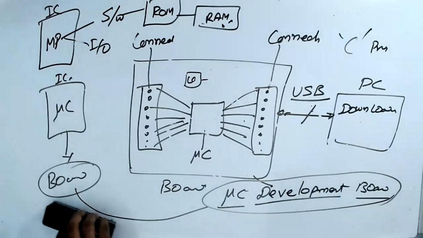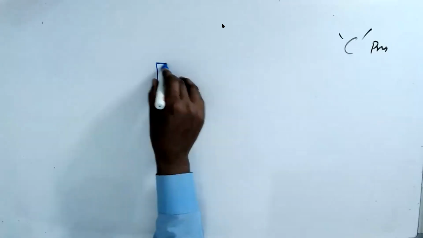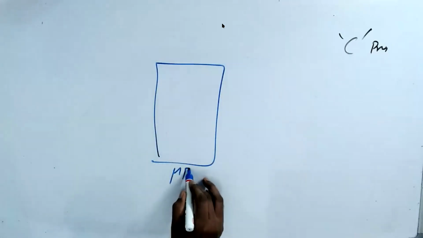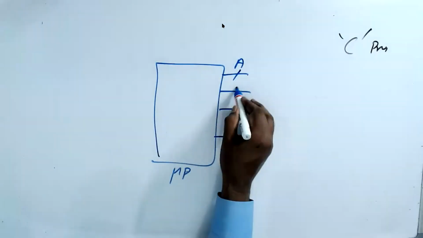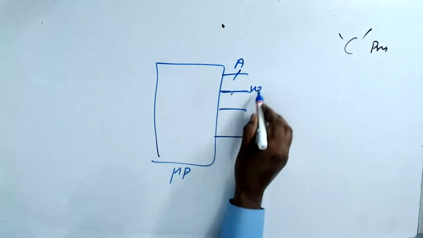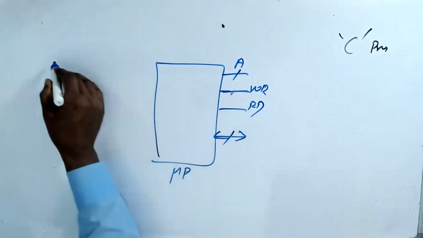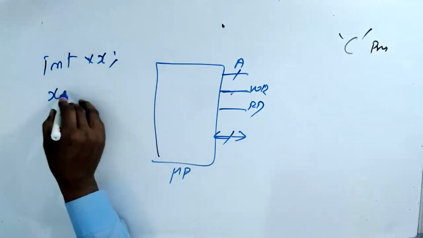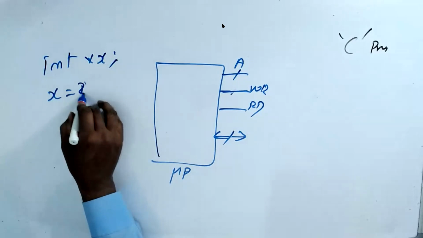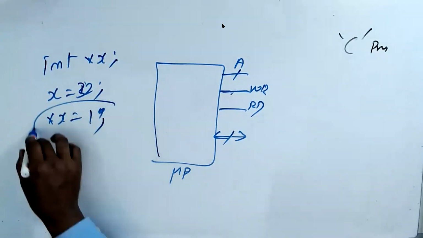What I have explained so far is quite simple in the microprocessor. There's a microprocessor which does only two activities outside: address, write, read, and data. Only simple commands: int *x; x = 32; *x = 1.